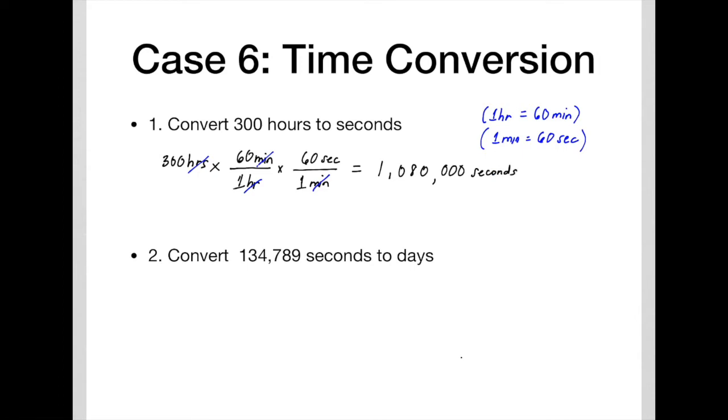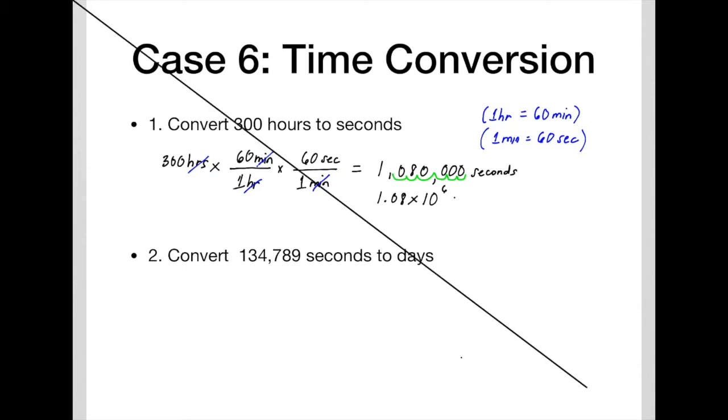Now, we could simply convert it into scientific notation, and that is 1.08 times 10 raised to, let me count first, 1, 2, 3, 4, 5, 6. And that is times 10 raised to 6 seconds.